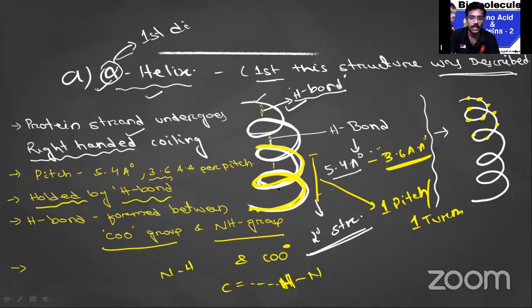In the alpha helix structure, these amino acids are held together with the help of hydrogen bonds.